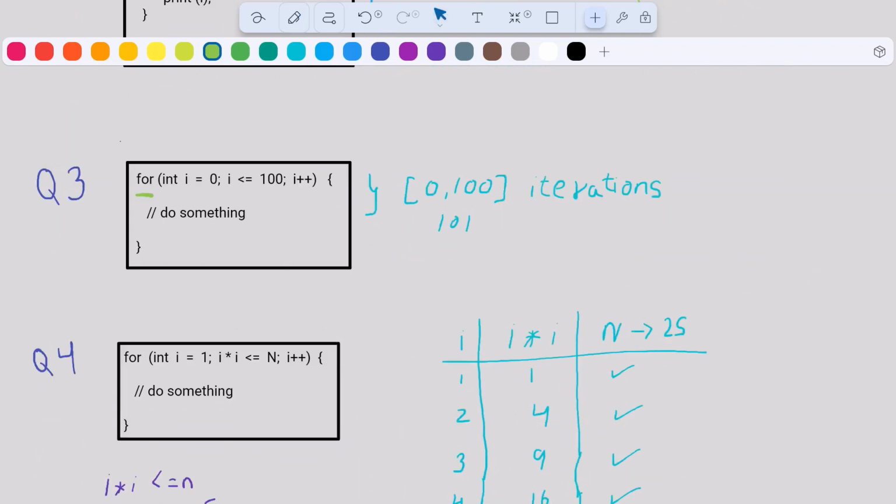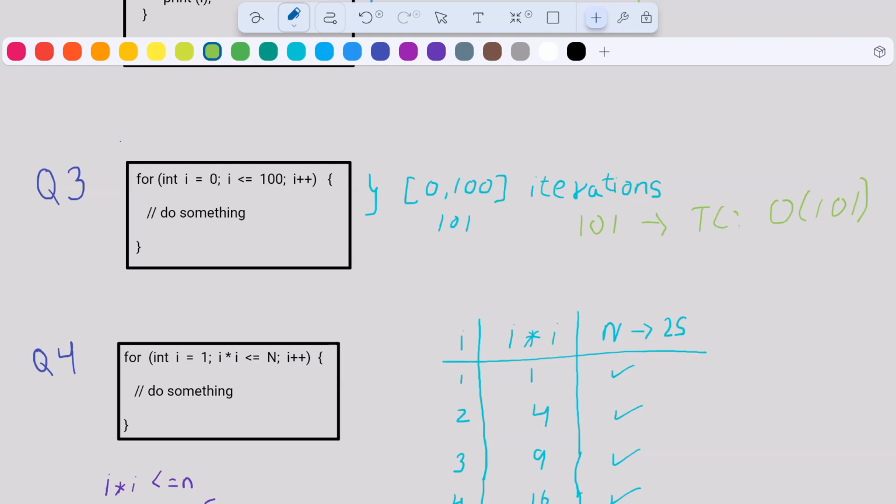This is a simple loop which is starting from 0 and going to 100. So there will be 101 iterations, because 100 minus 0 plus 1 is 101. So the number of iterations for this will be 101, and the time complexity you can say is order of 101.